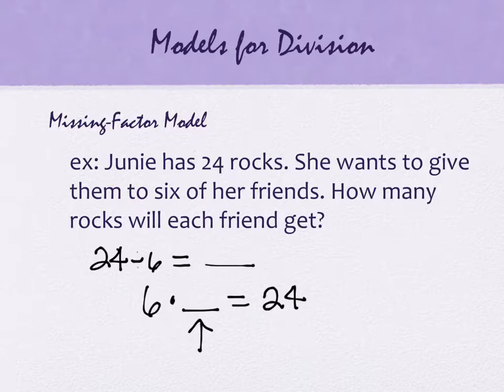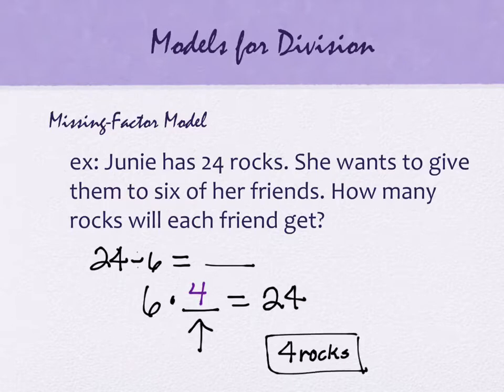And of course, the missing factor is what? Yeah, it's 4. The missing factor is 4, so the answer would be 4 rocks. So instead of looking at it from more of a concrete picture form like we were in the last examples, we're looking at it more from an algebra point of view, which is fine too.